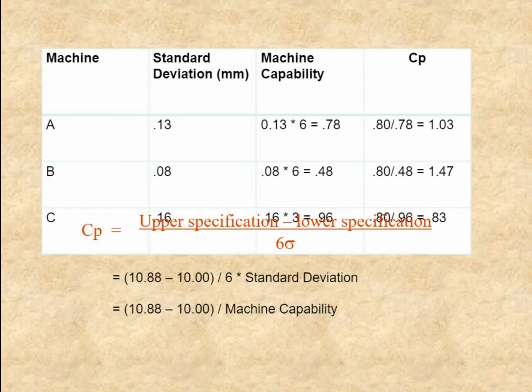So for machine A, we do 0.80 divided by machine capability 0.78 equals 1.03.